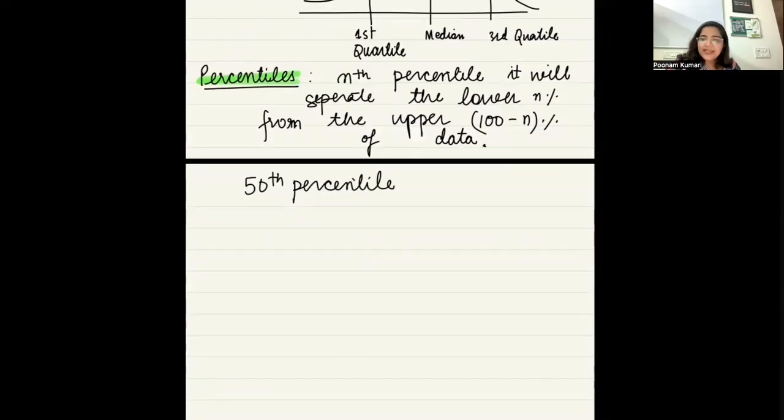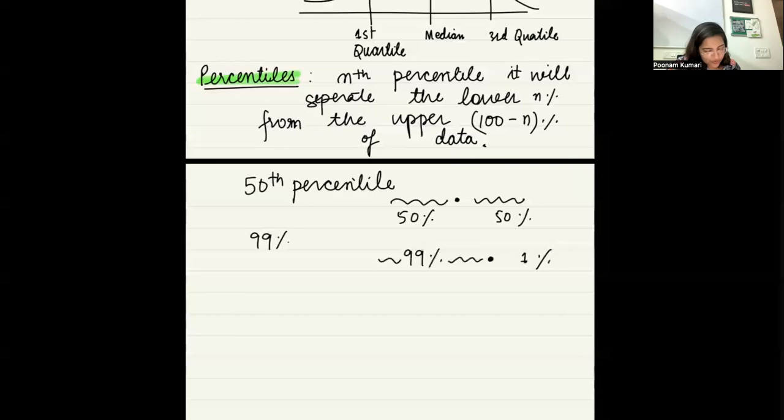It is that number which will separate the lower 50% from the upper 50% of the data, right? 99 percentile, what does that mean? It will separate 99% lower data and then here 1%. So it is that number below which we have 99% data points and above which we have only 1% data points. Is that all right?